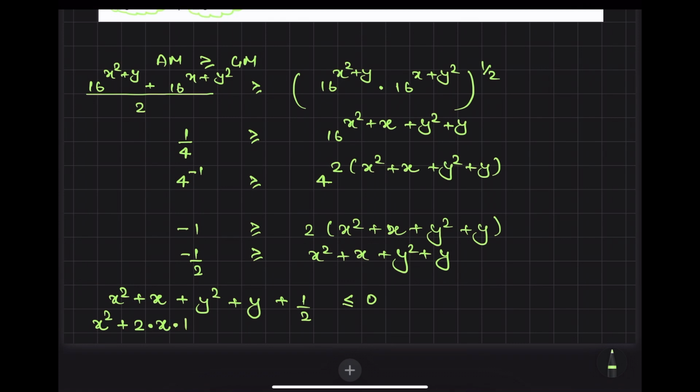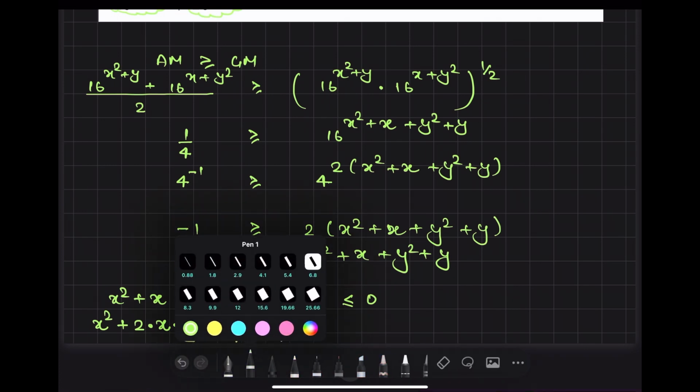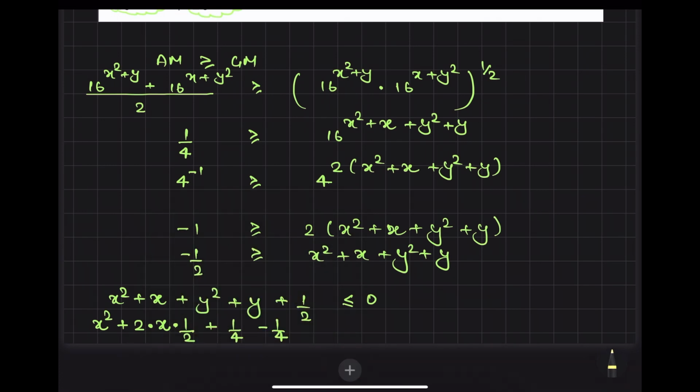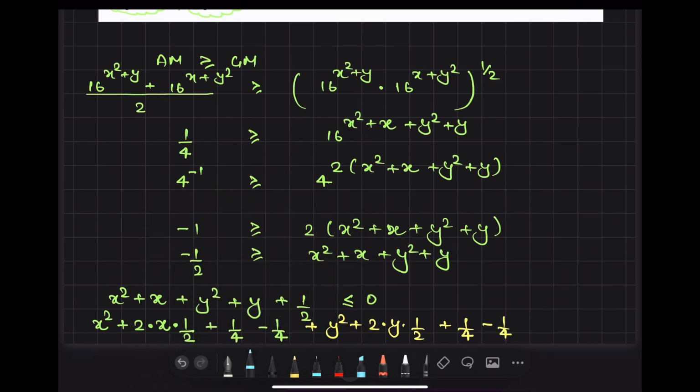So b should be 1 by 2. Now we need 1 by 2 whole square, so 1 by 4 is added and 1 by 4 is subtracted. This is with x square and x. Now we will manipulate the same way for y square and y. So we have y square plus 2 times y times 1 by 2 plus 1 by 4 minus 1 by 4, and then we have the last component 1 by 2 smaller than or equal to 0.